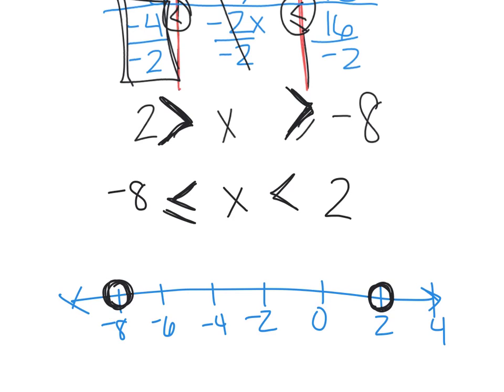All right, and I want to fill in the circle for this -8 because it's got the line underneath. And I'm going to leave the 2 open because it does not. And remember, I want all the numbers in between. Okay, so there's my solution. So any number that is in this area will make that original equation a true statement.